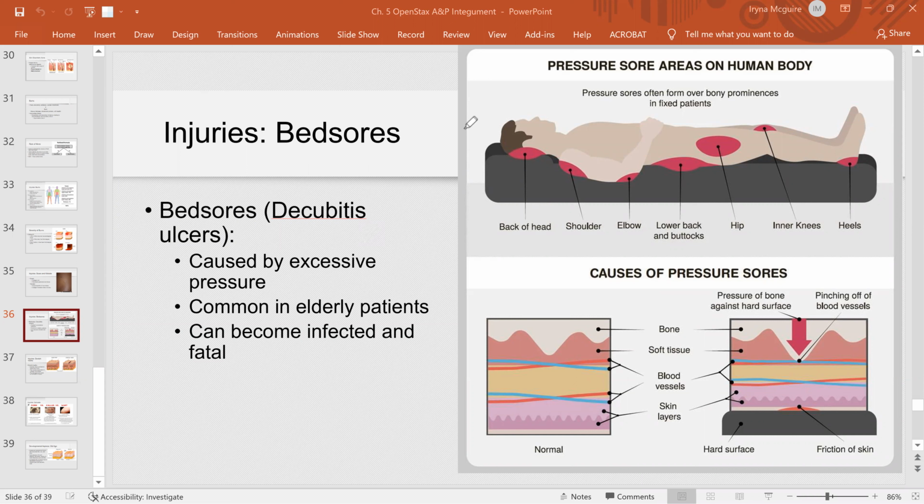So for example, you have a patient and the patient is not moving much, right? Now you can see the back of the head, shoulders, elbow, right? So some parts of the body, pretty much, show over here.